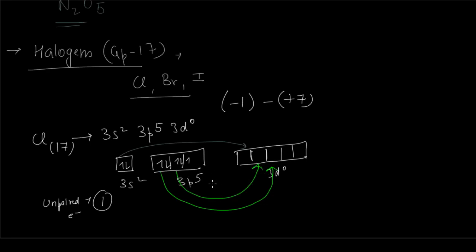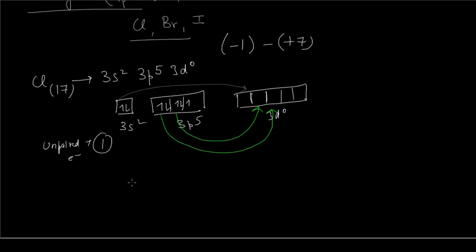The paired electrons get unpaired, they move to vacant d orbitals, and you will get in the end the maximum number of unpaired electrons you can get.